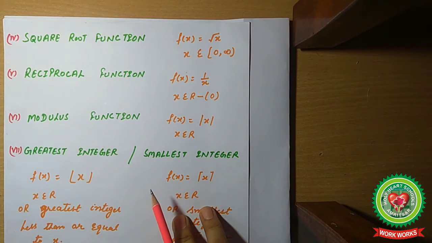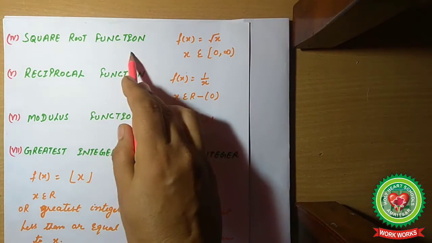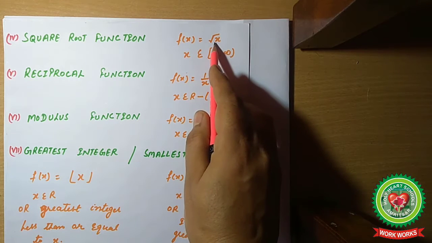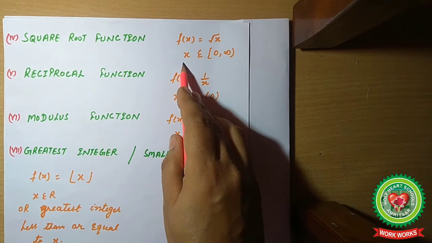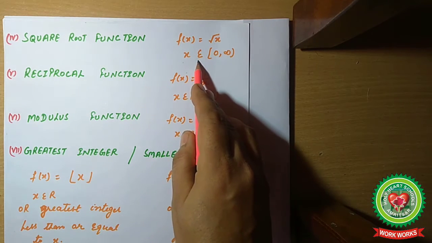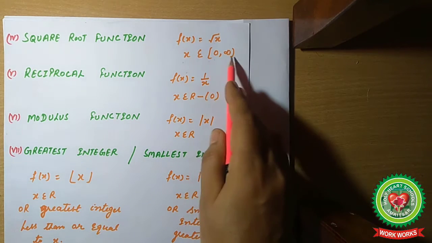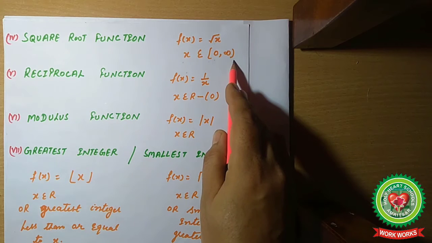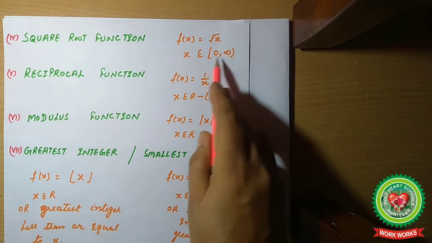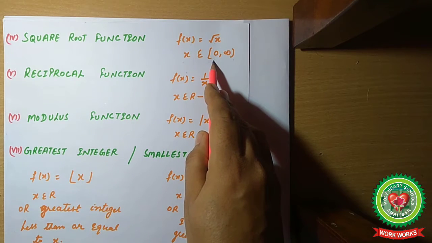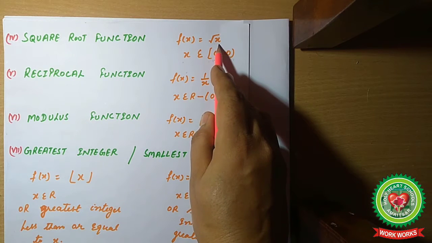Then the square root function, f(x) = √x, but in this case x belongs to [0, ∞). We will not take negative values here because the square root of a negative number is not a real number.